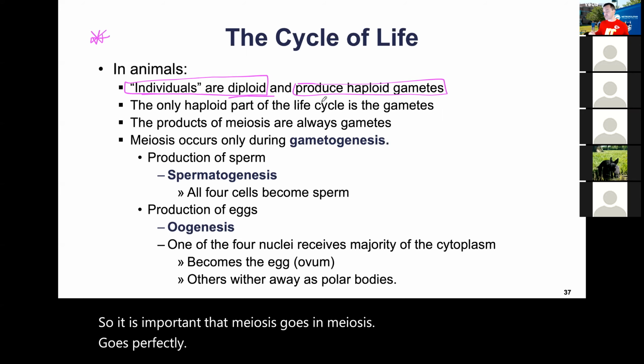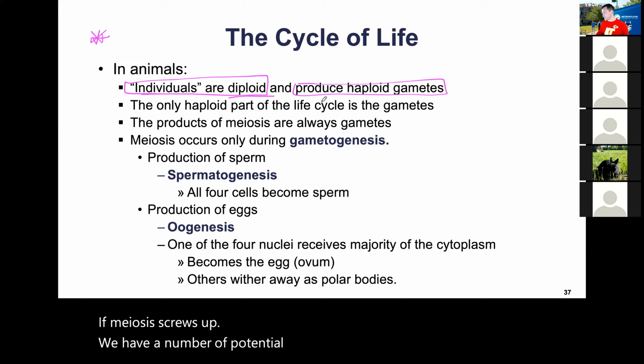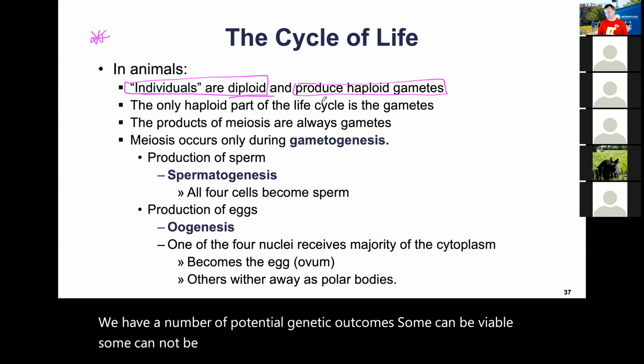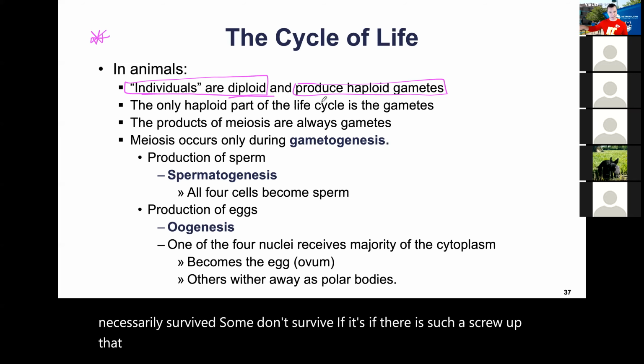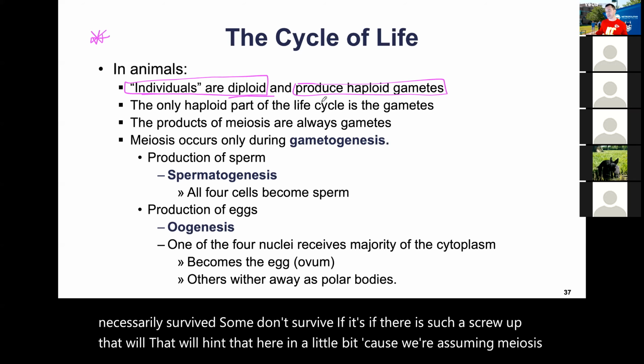If meiosis screws up, we have a number of potential genetic outcomes. Some can be viable, some can not be viable. And by not viable, I mean reproduce, not necessarily survive. Some don't survive. We're assuming meiosis goes normal all the time, and it obviously doesn't.